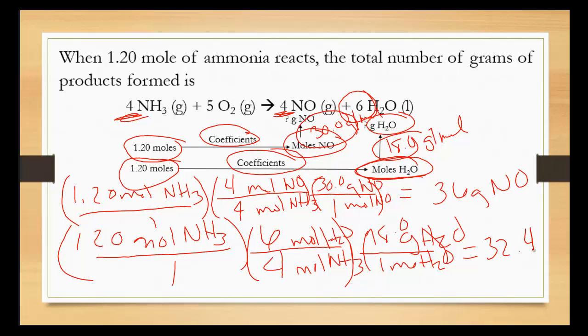What we have to do at this point is add these two together to get a total mass. So 36 grams plus 32.4 grams is going to equal 68.4 grams. Hopefully this has helped you to understand when to use which number.